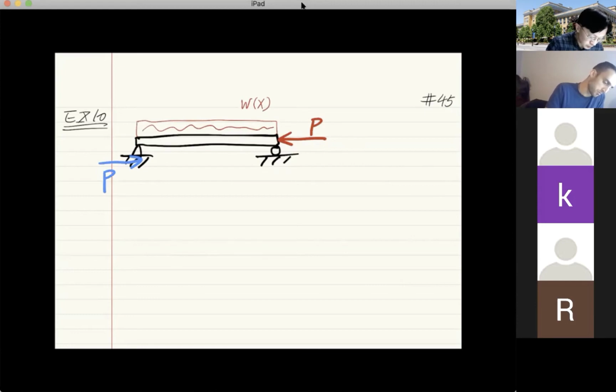Coordinate systems must be defined as soon as possible. So we define positive X and positive Y. The vertical downward pointing, let it be positive Y, and the right hand pointing, let it be positive X. And everything is as usual. We're going to have the total length to be capital L, and the E and I's are all the same.